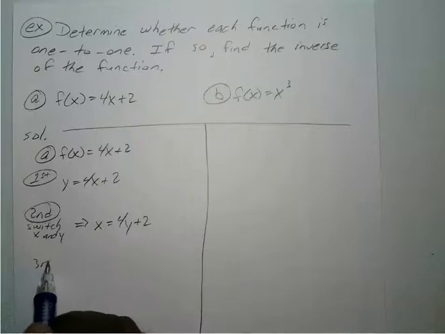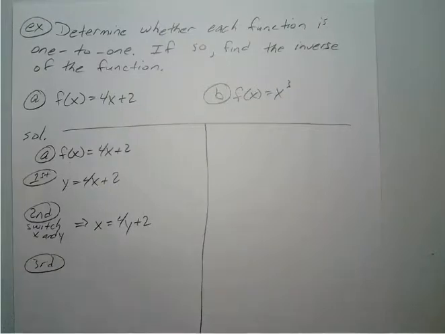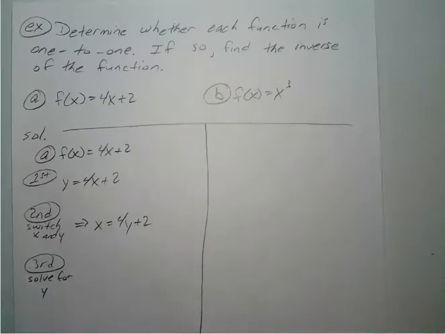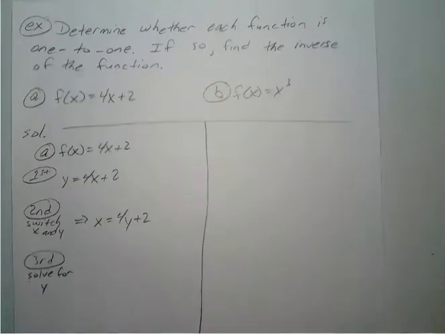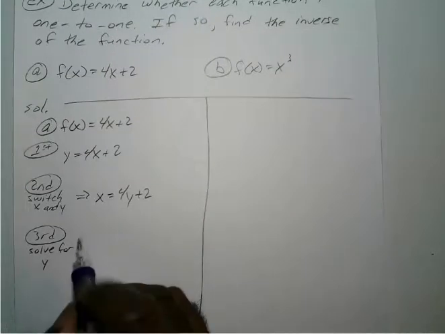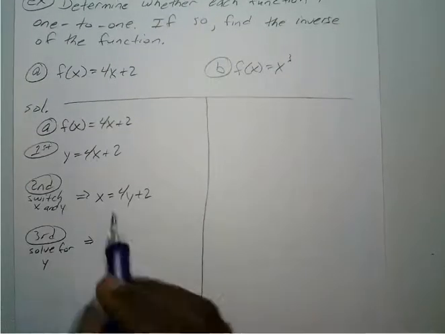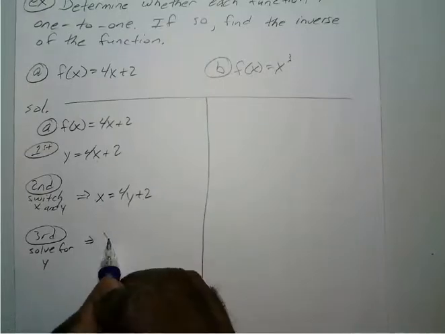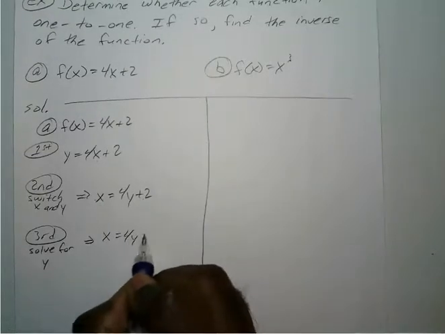Then you have your third step. We now solve for y once we switch it. So we subtract 2 from both sides. We have x equals 4y plus 2.